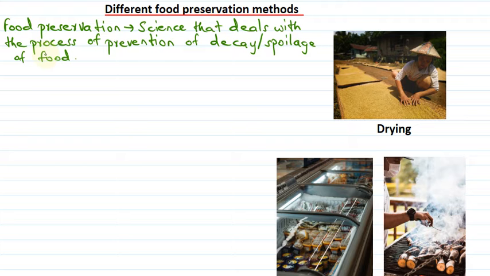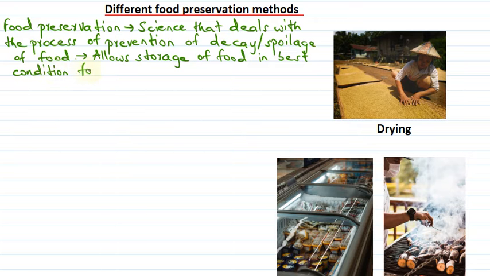The method of food preservation allows the storage of food in the best condition for the future.